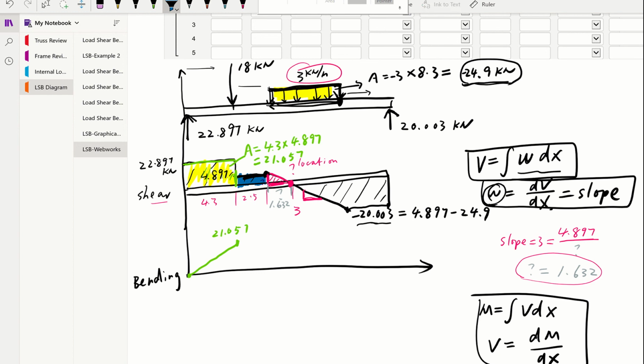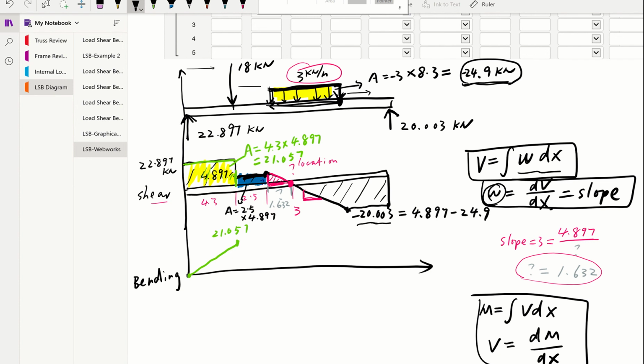So what's this rectangle area? The base will be 2.5, and what is our height? 4.897.